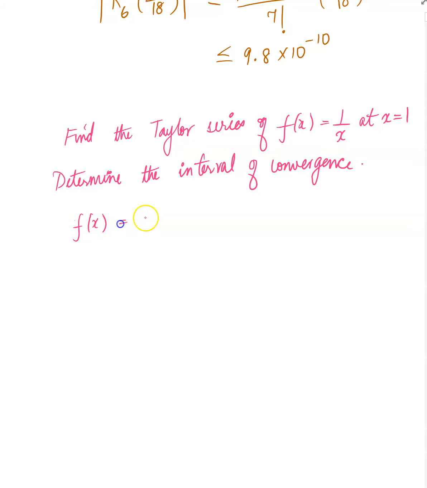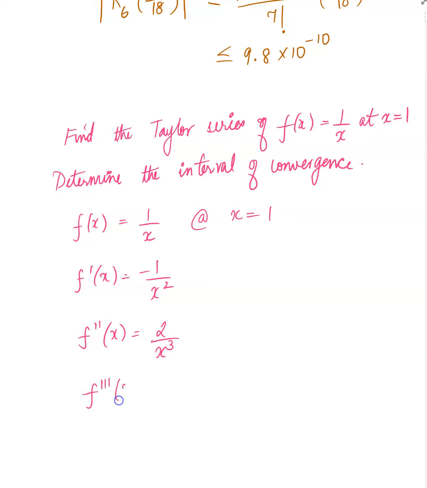F of x is 1 over x at x equals 1. F prime of x is negative 1 over x squared. F double prime of x is negative, 3 times 2 over x power 4.